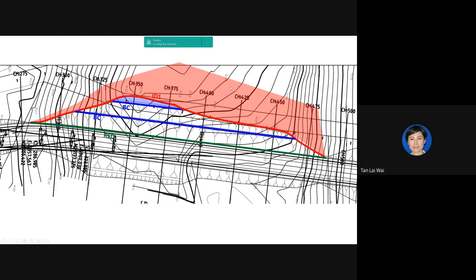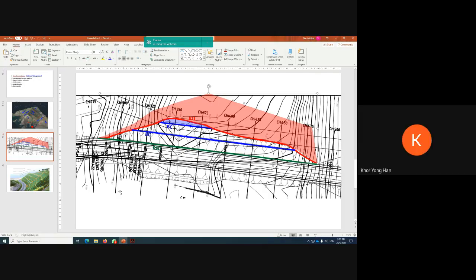So you could roughly estimate this as a triangle, and then minus another triangle here, and you are going to get this area. Does that answer your first question? Yes. That's good.